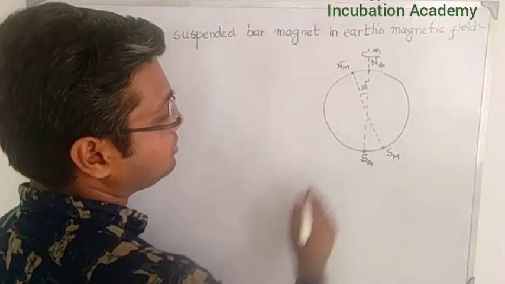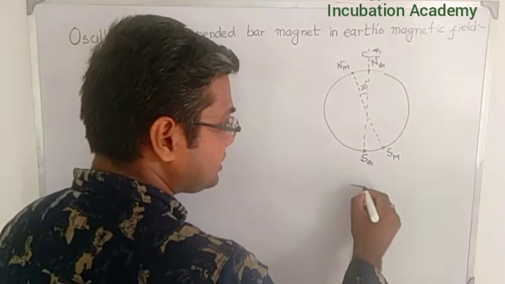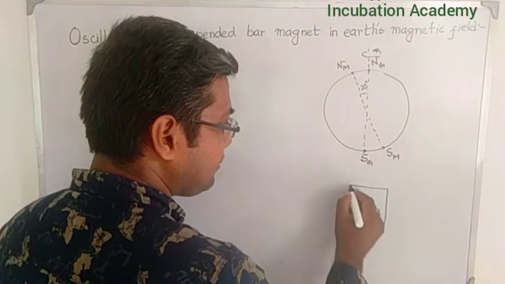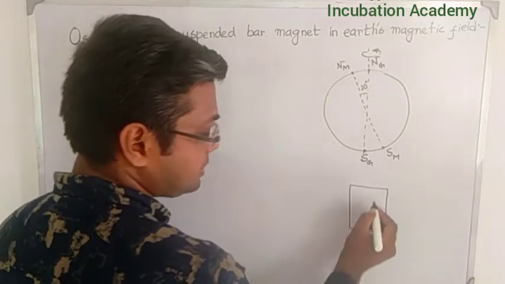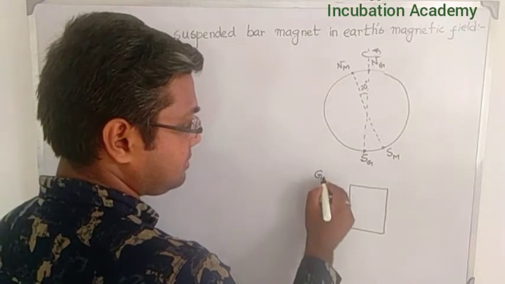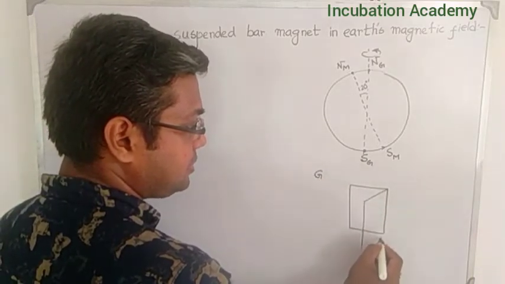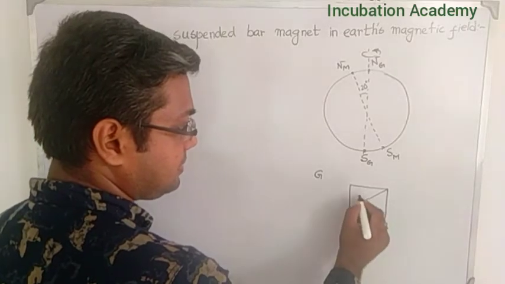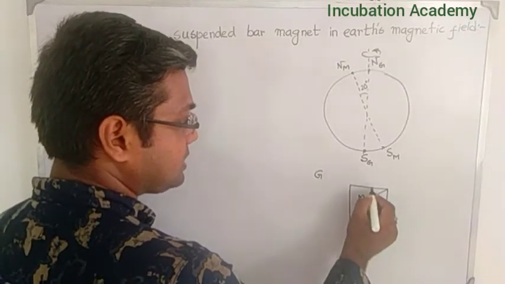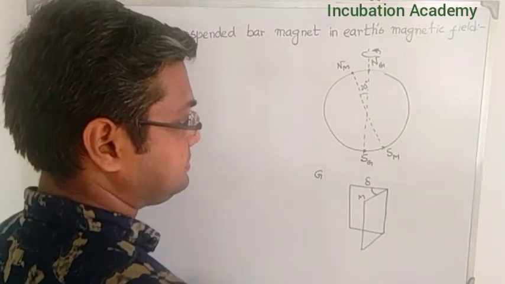If this plane shows the geographic meridian, then this other plane will show the magnetic one. There is an angle between these two, and it is called delta.